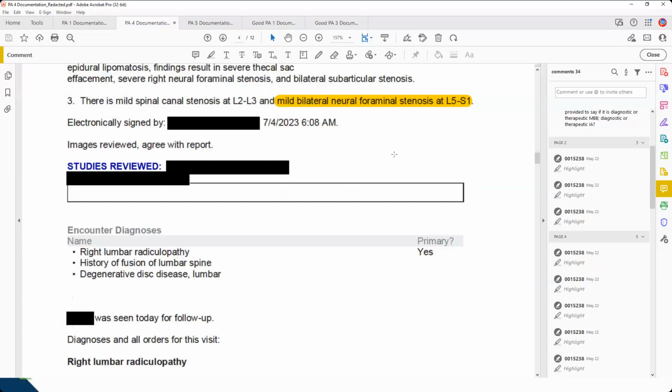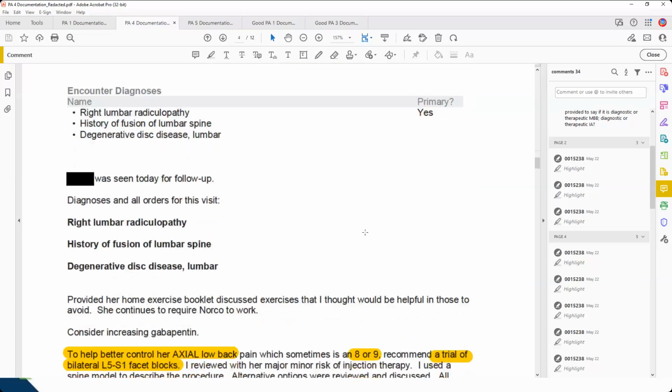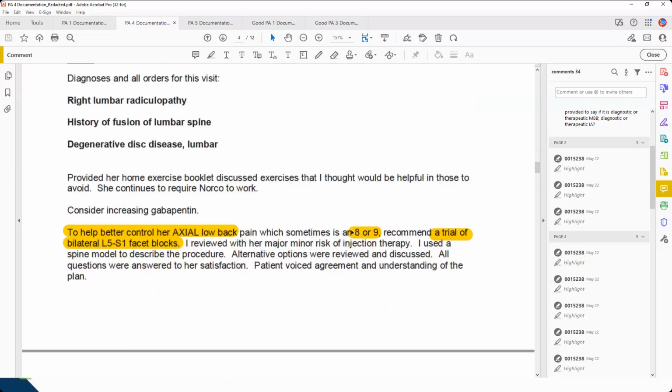So we have some mild bilateral neuroforaminal stenosis at L4-L5 to S1. And then again, axial pain, 8 or 9 on the pain scale, and they want a trial bilateral L5-S1 facet block. So that's the first indication.